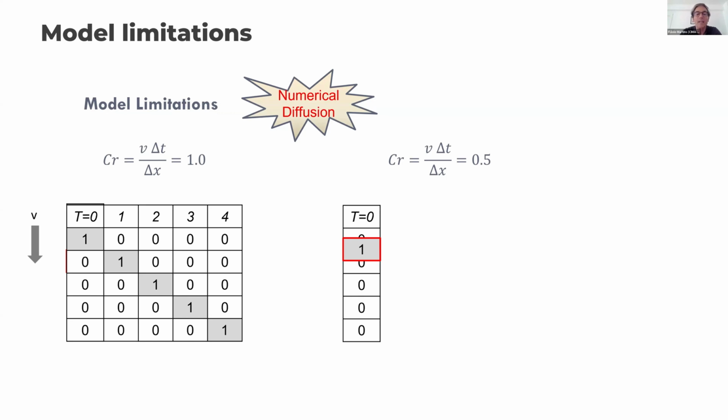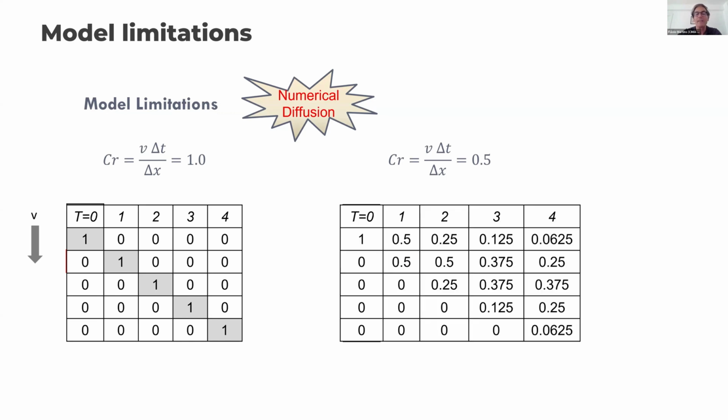So what the model can do is this. Instead of putting 1 halfway, it puts half in each cell, to conserve the mass. It puts half of the concentration in each cell. So the total mass is conserved, but it distributes it to cells. And then this half will move half a cell, and this half will move half a cell.